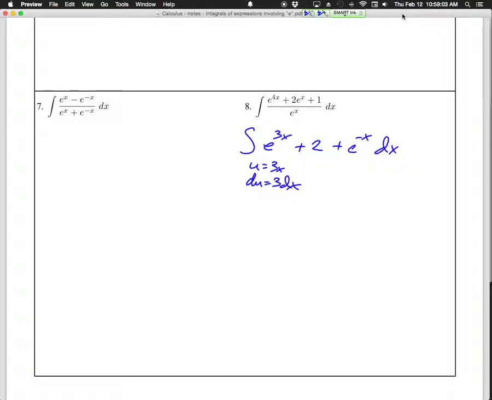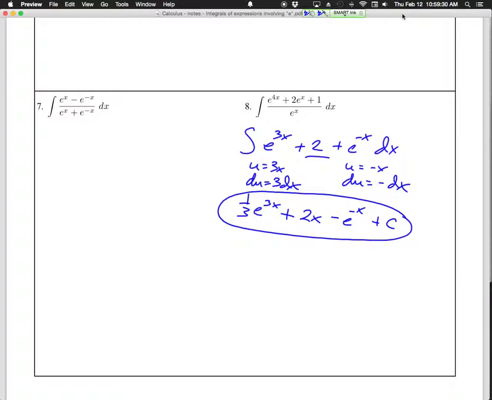So what do I end up with? I need a 1/3 e to the 3x out of that one. What's the antiderivative of 2? 2x. And then on this one, I need u equals negative x, du equals negative dx. So I just need a minus.